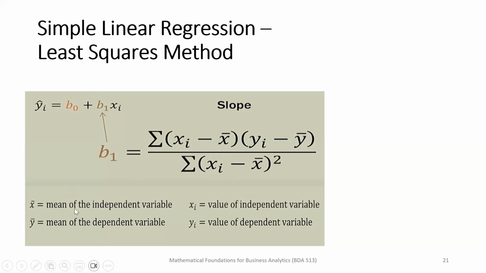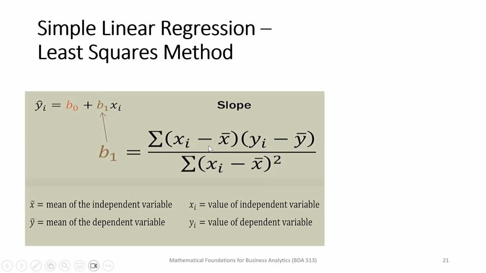So here the X bar is the mean of the independent variable. Then the Xi is the value of the independent variable, whilst the Y bar is the mean of the dependent variable, and the Yi is the value of the dependent variable. Okay, so that's just for the B1.